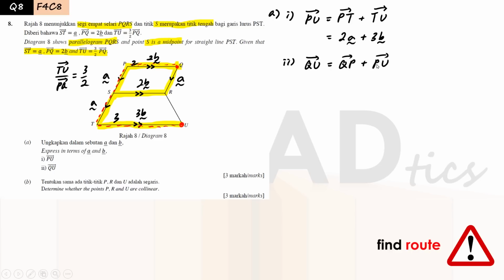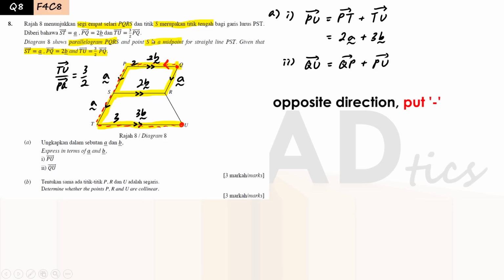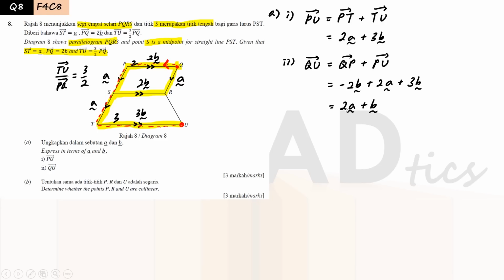Okay, so I'm going to put plus PU here. Right, because we don't want to do the same thing twice. Alright, so here QP would be going in the opposite direction from the given vector here. So for opposite directions, we need to put negative. Alright, so here it's negative 2B, and we are going to put the answer in part 1 here and simplify. Then we can get the vector QU.